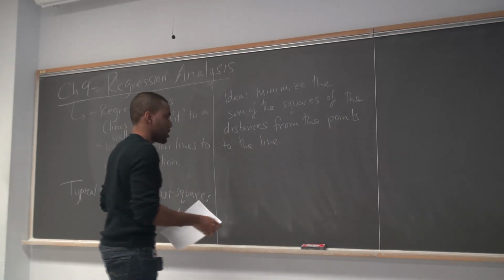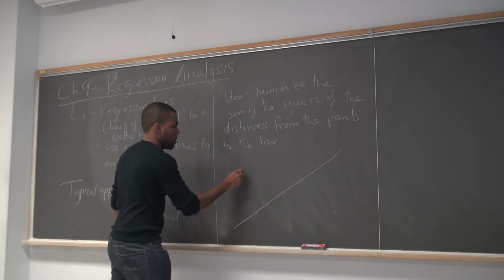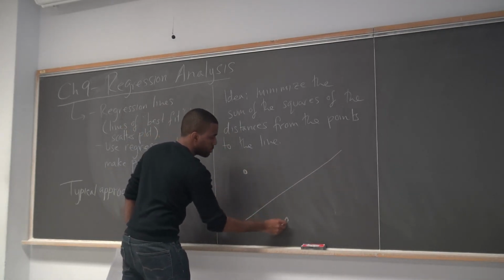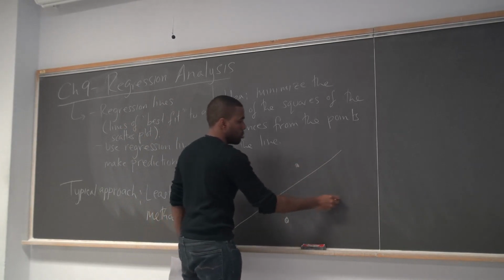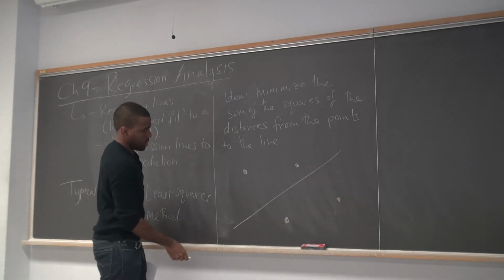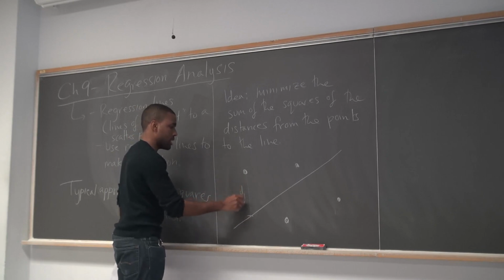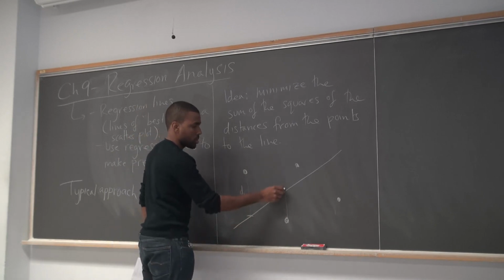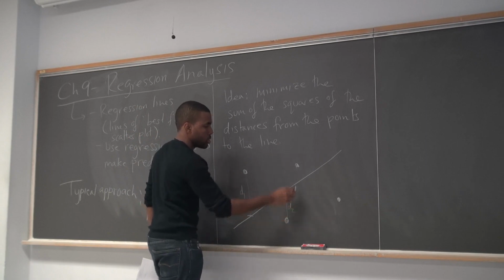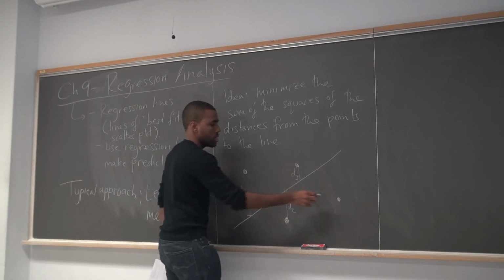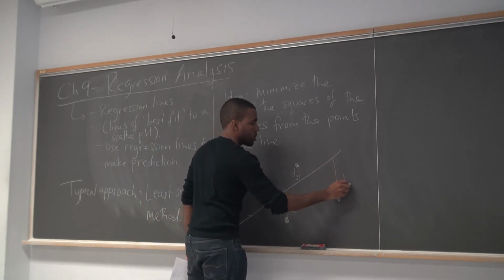Picture here, let's say we have a line and a bunch of points. We're going to take a vertical line from a point to the line, and we're going to call that distance D1. Vertical lines that hit this, that distance is D2, D3, D4, and so on, right?